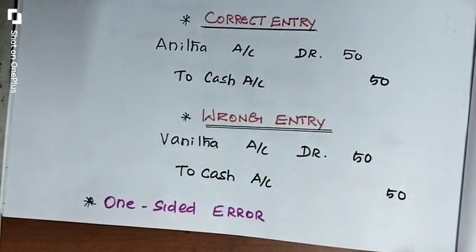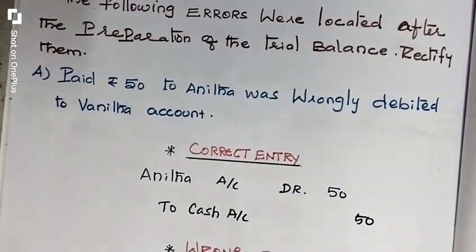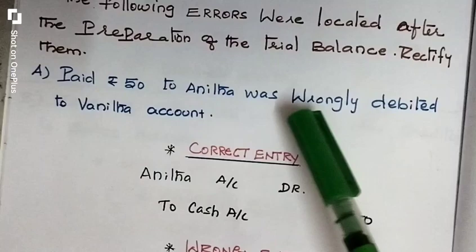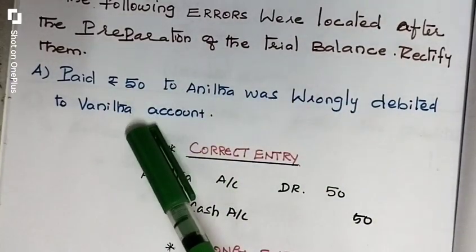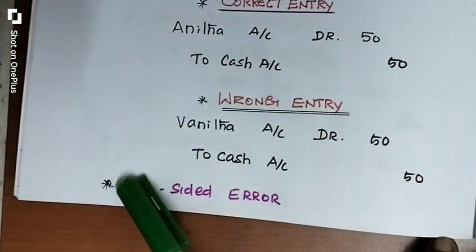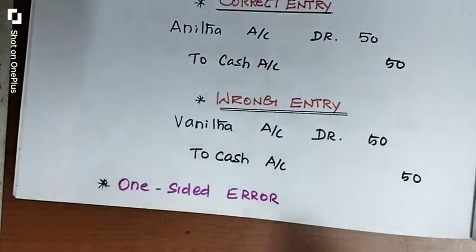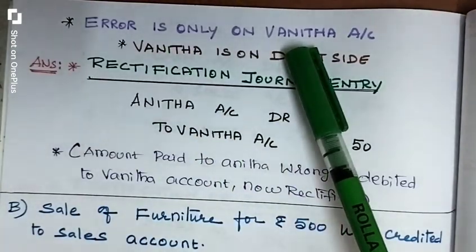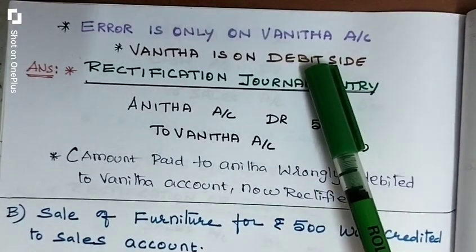It is clearly given in the transaction: wrongly debited to Vanita account. So on the debit side, Vanita account is the error. This is the one-sided error. The error is only on Vanita account. Where is Vanita account?